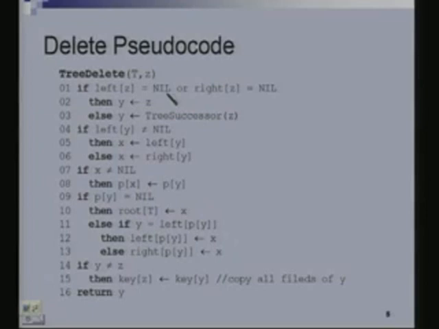That either it's a leaf node or it is a node with only one child. Z was the node which I am trying to delete. So let's say Y is Z, and we look at the tree successor of Z.